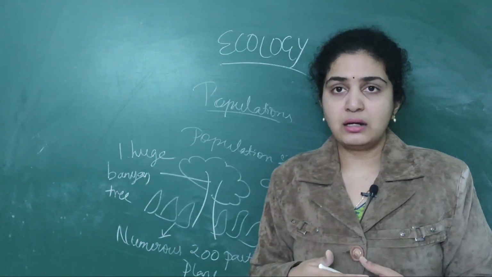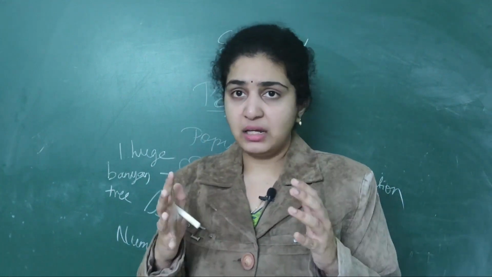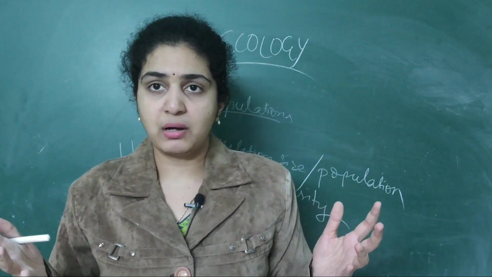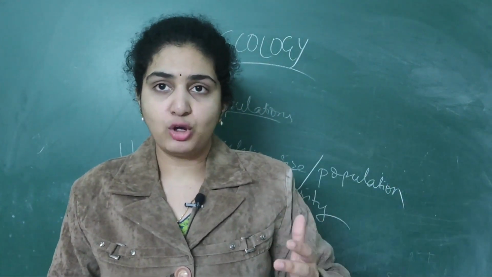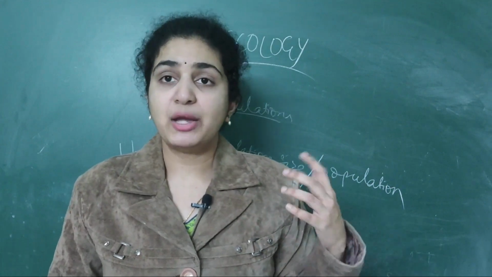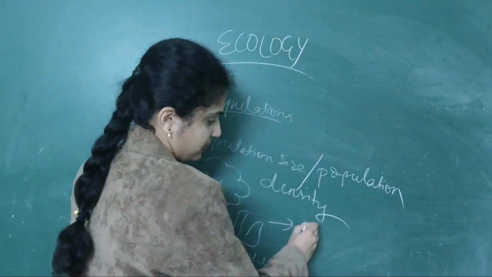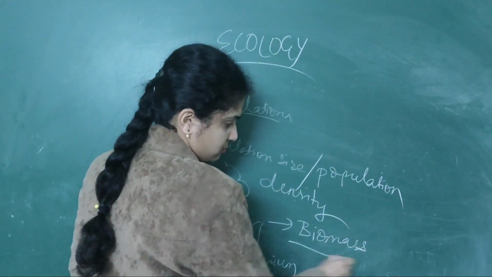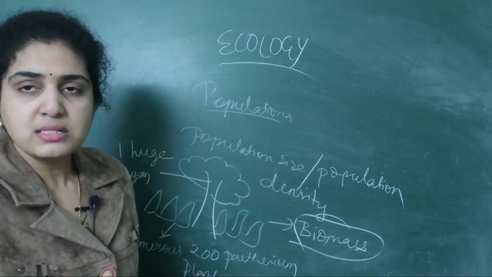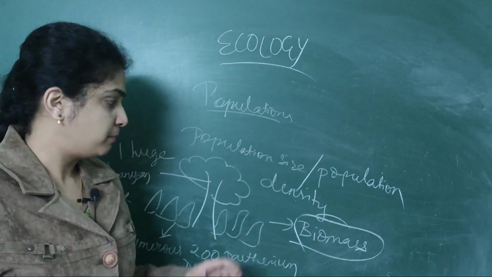Will you say like that? No, because this banyan tree is very huge. So here the number is not important when you are measuring. Here the biomass is important. Biomass. The biomass in a specific area plays a very important role here.